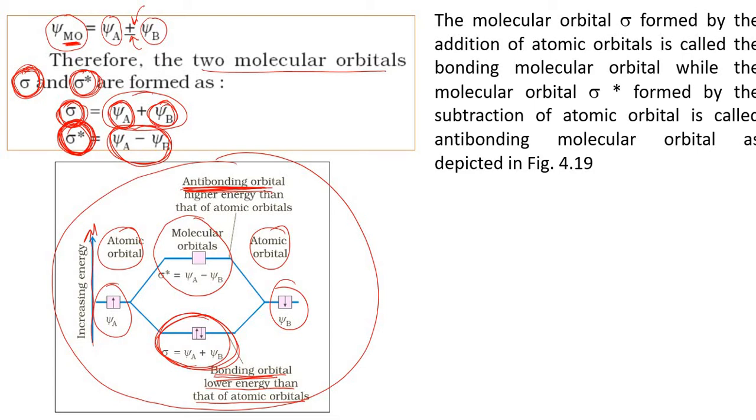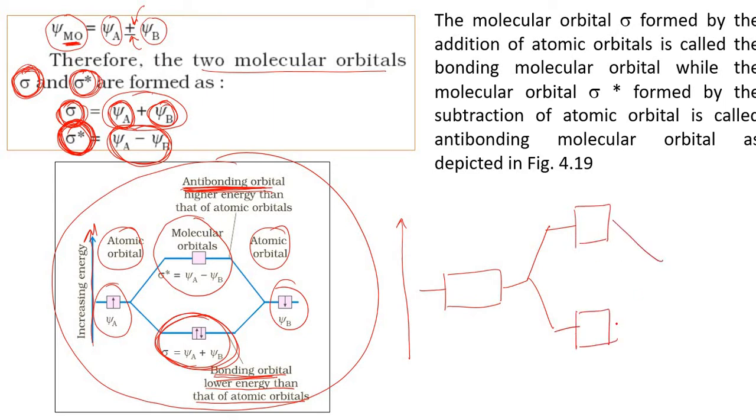So this diagram I have already told you. Once again, if I represent it here, this is the energy level, and here is the 1s orbital. Here I will call it the bonding molecular orbital, and here the anti-bonding molecular orbital.